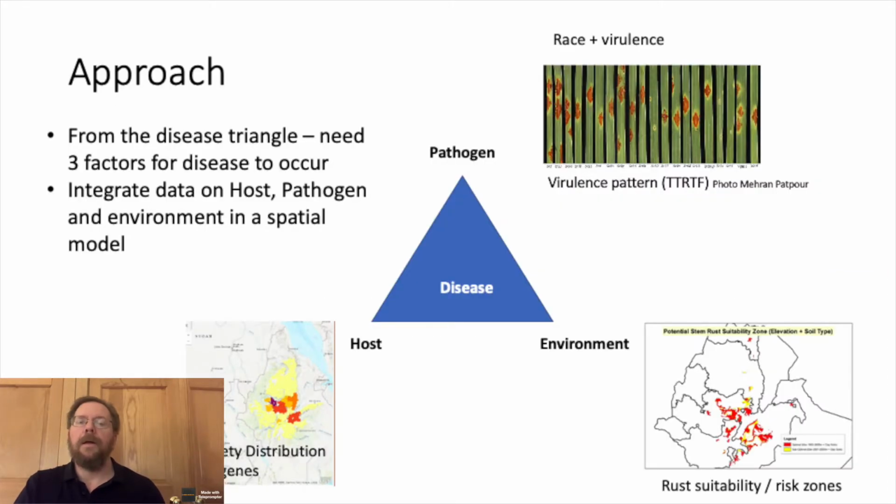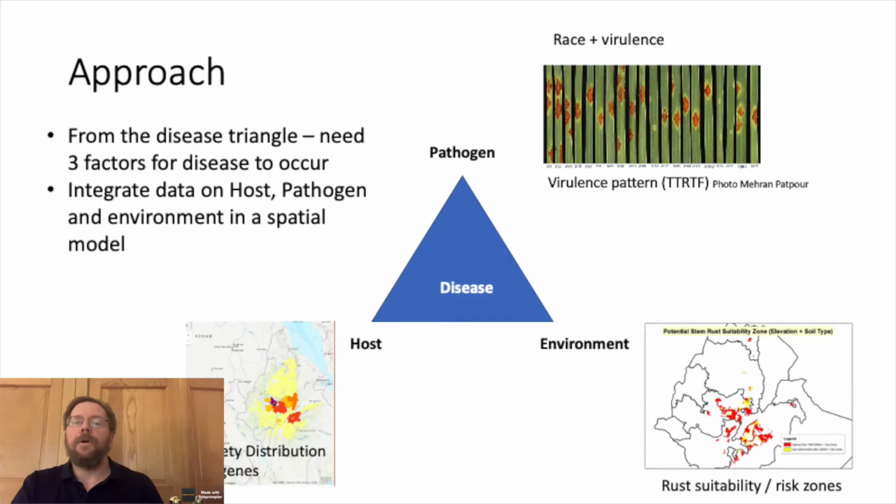Next slide. The approach to the model is based on the disease triangle. If we know what wheat variety is grown where, and based on the R genes and other information, we know how each variety will react to each pathogen. We know the virulence of the rust races that are present in each country, including the neighboring countries.